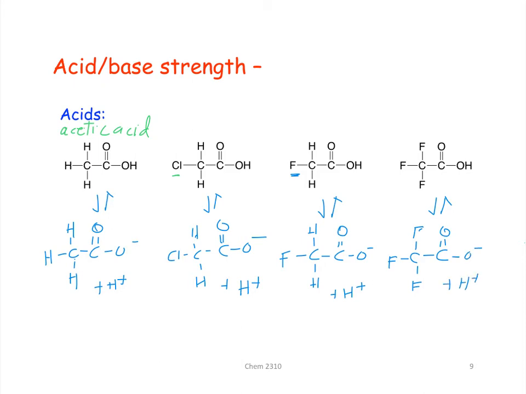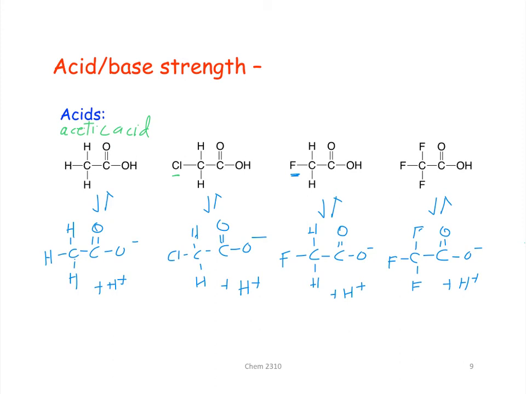Okay, so what's going to be important here? We looked at chlorine versus bromine before, right? When we looked at HCl versus HF, we were looking at size in that case. So is that what we should look at here?